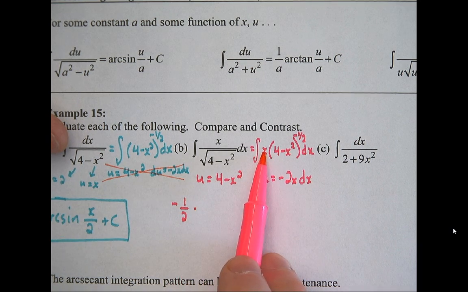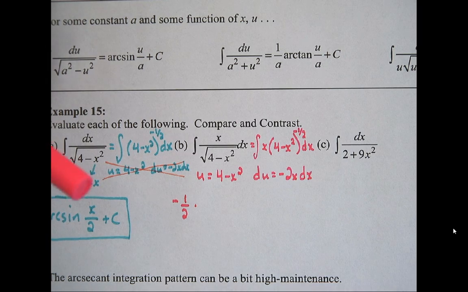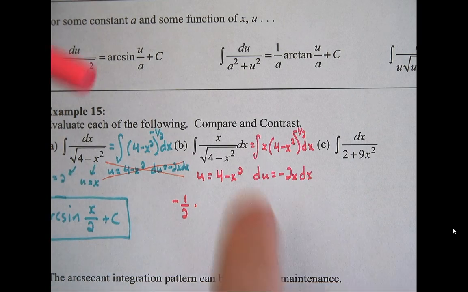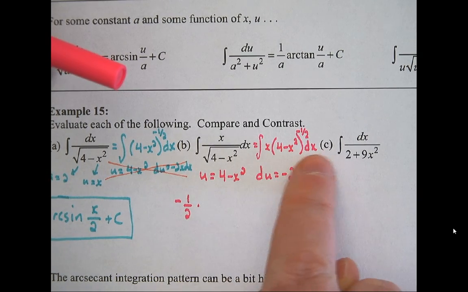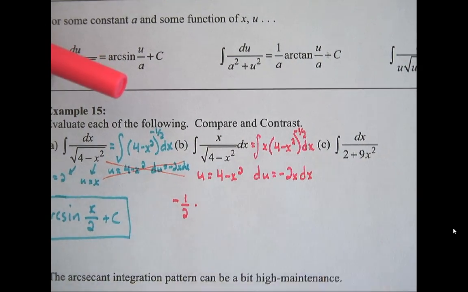times. So this now, the u has gone in, the dx has gone into the x, the dx, the negative 2 that I created with this correction, all becomes my du. This is what I called u.